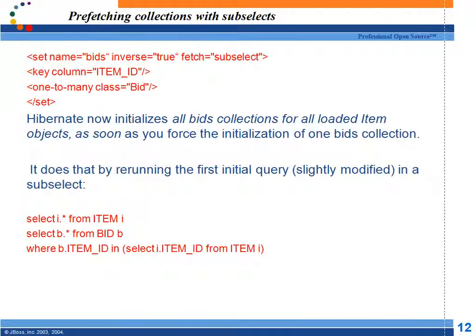Hibernate now initializes all bid collections, loading them as objects as soon as you force the initialization of bids. It does that by rerunning the first initial query in a modified way. So see here, it is using a subquery, a subselect query, for getting it. Any doubts?